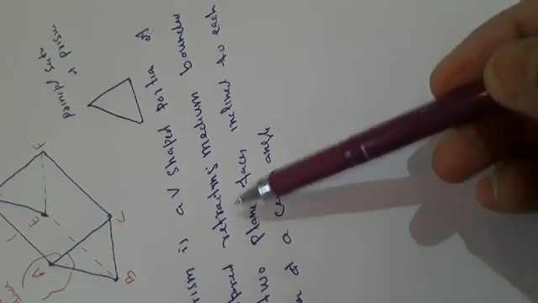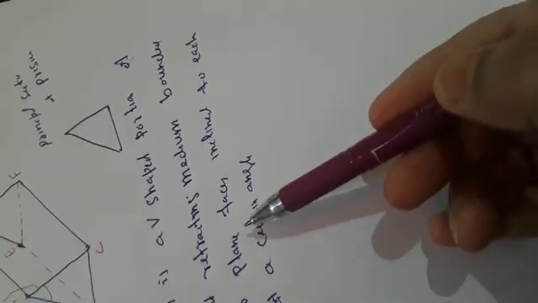That means the prism is a V-shaped portion of transparent refracting medium bounded by two plane faces.